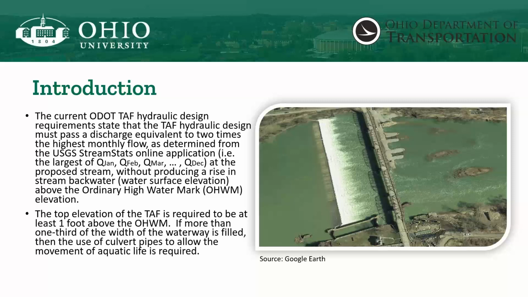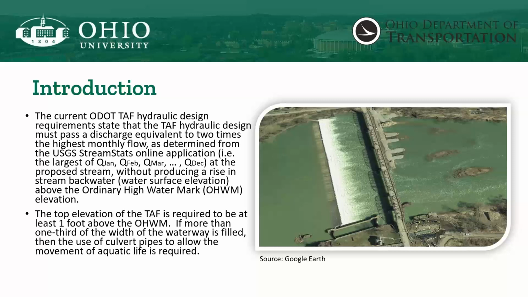The current ODOT TAF design requirement states that the TAF design must pass a discharge equivalent to 2 times the highest monthly flow, 2 times the max monthly flow, which you gather from USGS StreamStats on the applications. Typically, you look at the monthly flow, take the highest monthly flow times 2.